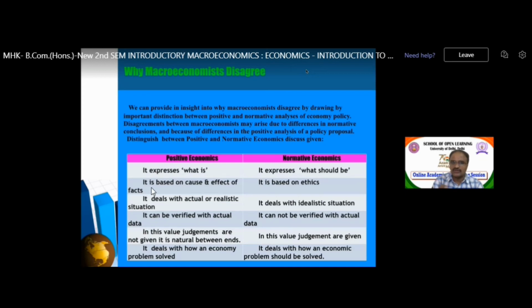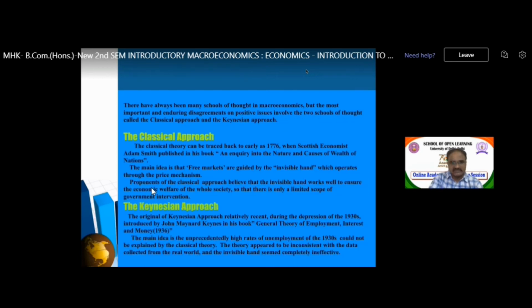Positive economics deals with how an economic problem is solved, but normative economics deals with how an economic problem should be solved. How is an economic problem solved, and how should we solve this problem? These two differences are given by different economists or approaches, which are taking place.